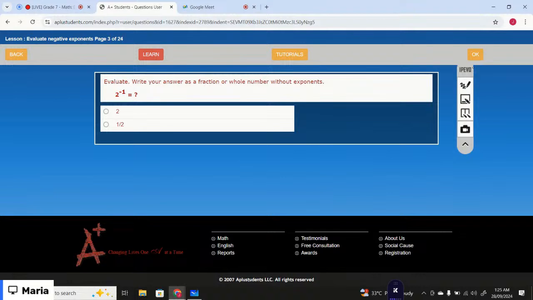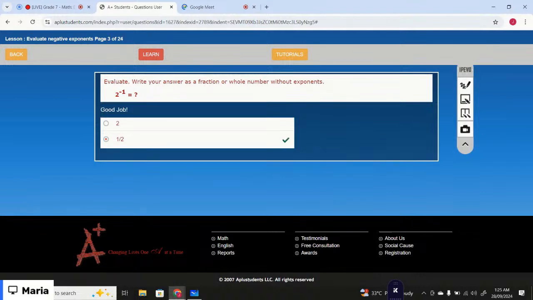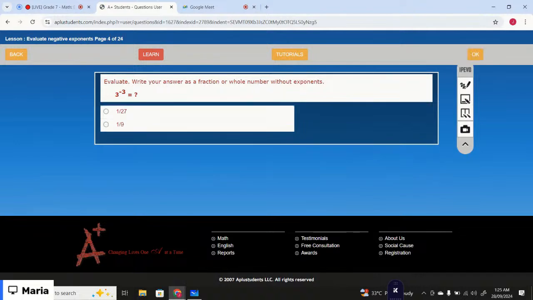Option number 2 is the correct option, right? That is 1 divided by 2. Okay, the next one is 3 exponent negative 3.